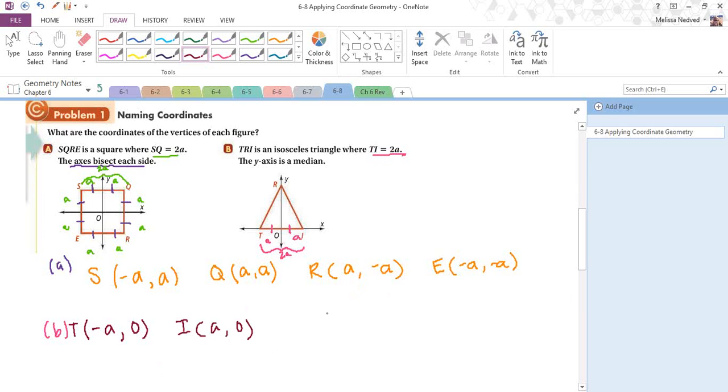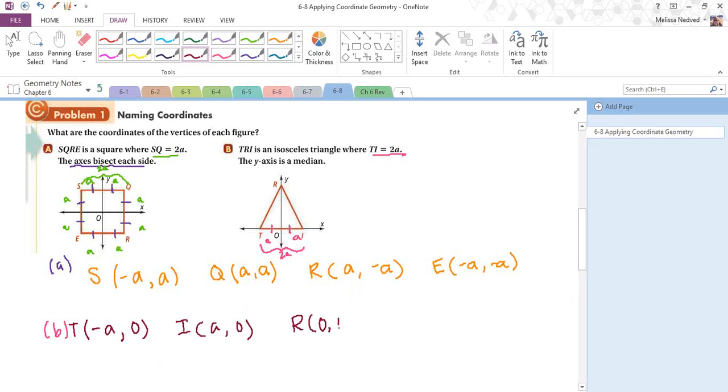And the last thing we need to look at is point R, along the y-axis. We know it hasn't gone left or right at all since it is staying right on the y-axis, so it's going to have an x-coordinate of 0. And how high it is has no relation to the position that T and I are at. So it's going to be a different value altogether.